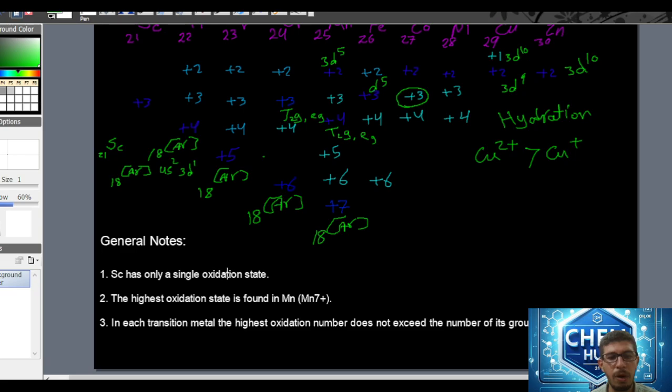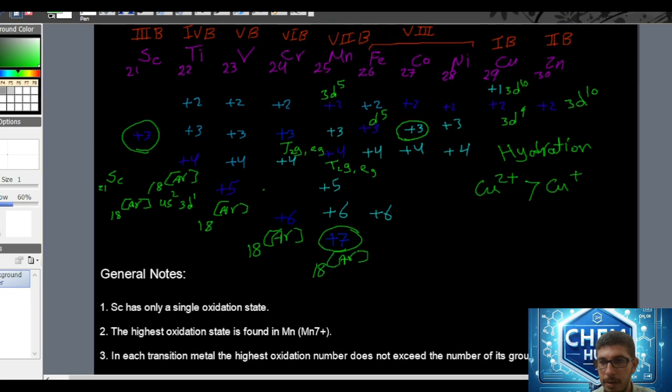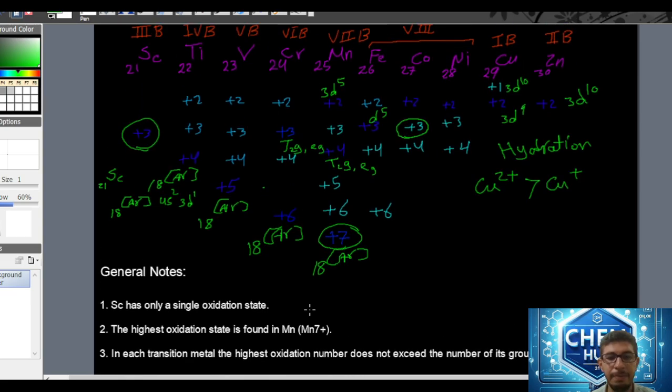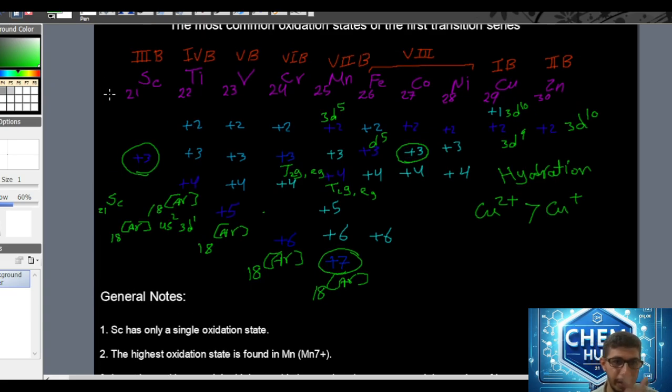We have some general notes. Scandium has only a single oxidation state, as you can see here, the positive 3. The highest oxidation state is found in manganese, manganese 7 positive, as you can see here. And finally, in each transition metal, the highest oxidation number does not exceed the number of its group except copper. That means when you look here, the highest oxidation state of scandium is 3 positive, and the group number of scandium is 3.